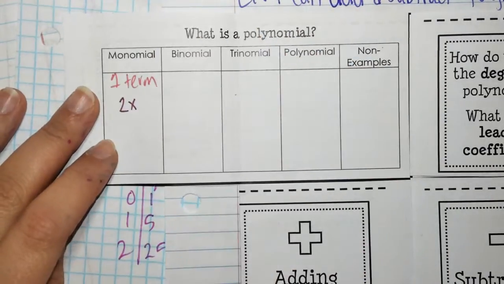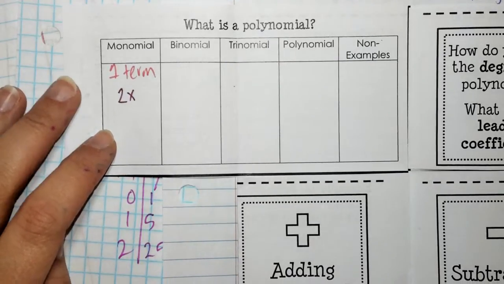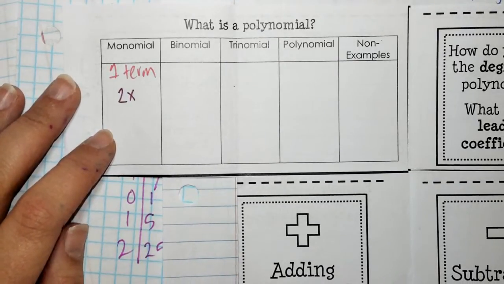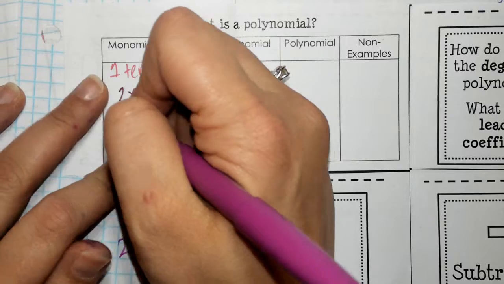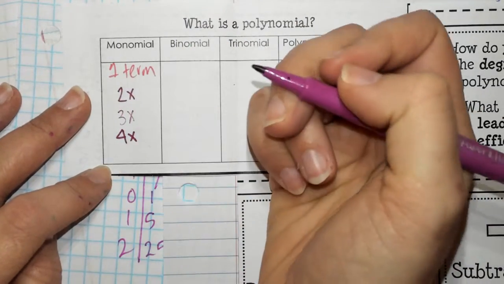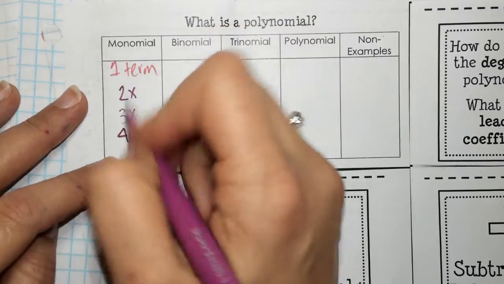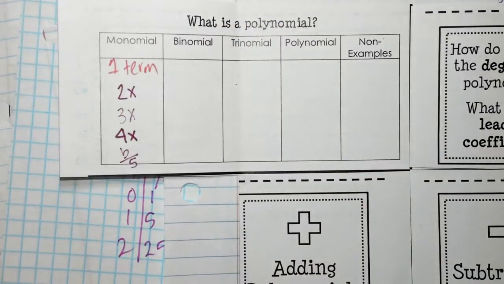Good job. Take a point. Can you give me another example? 3x. Look at you go. Take a point. 5, 8, 6, 7, 8, 12, 245,770,000. You could also say b divided by 5. That's 1 term. So multiplication and division make 1 term.